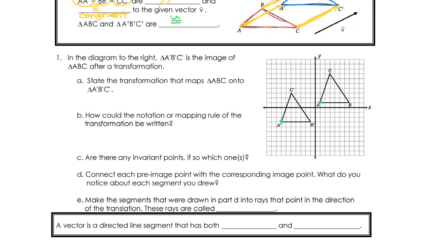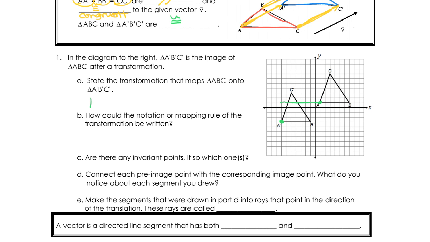Okay, and in order for A to get onto A prime, we would have to move left or right. Hopefully you say left, and so we'll go left 1, 2, 3, 4, 5, 6, 7, 8. Okay, so we have to go to the left 8.